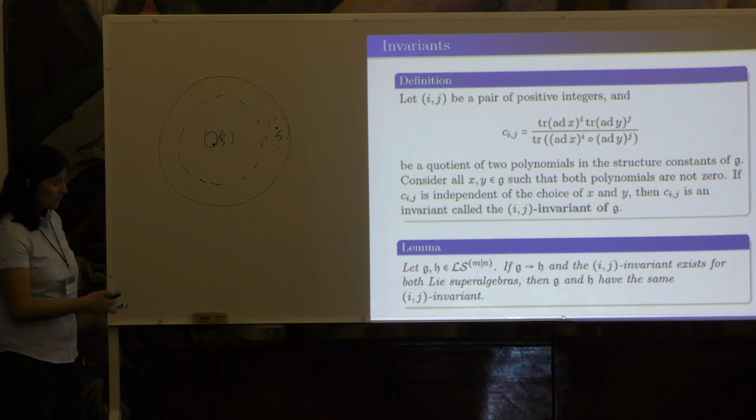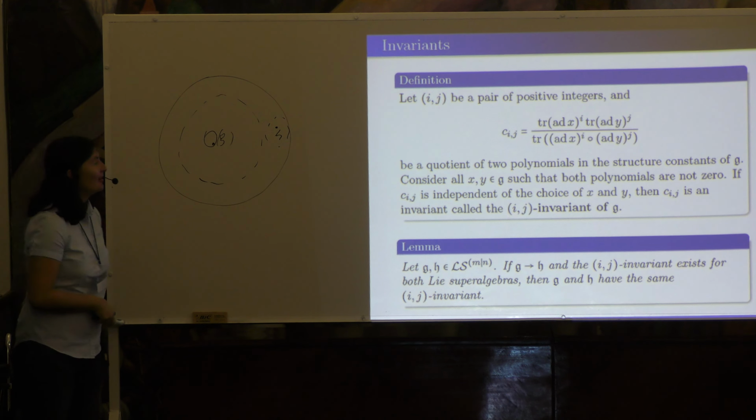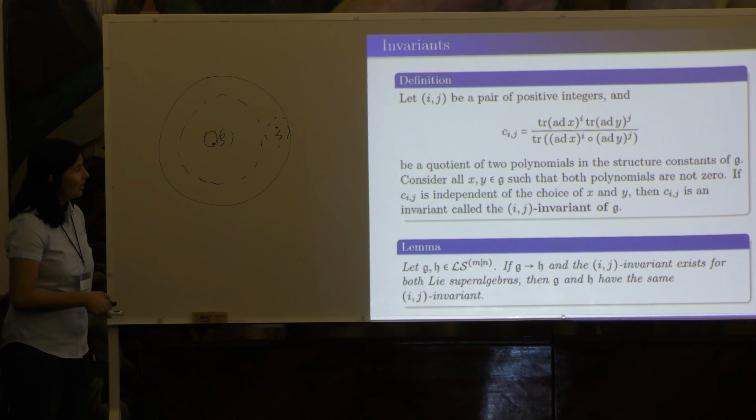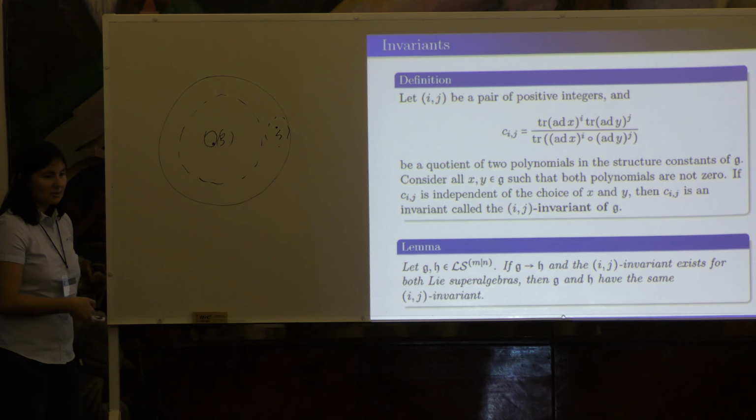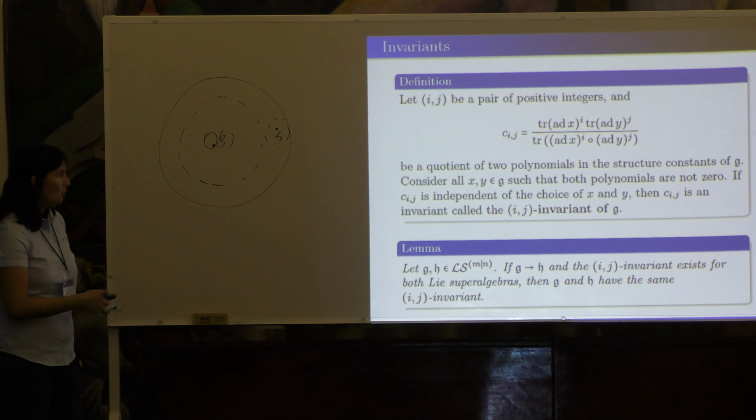Another invariant that we use is the so-called IJ invariant, which is a nice invariant for non-nilpotent structures. It works very well.